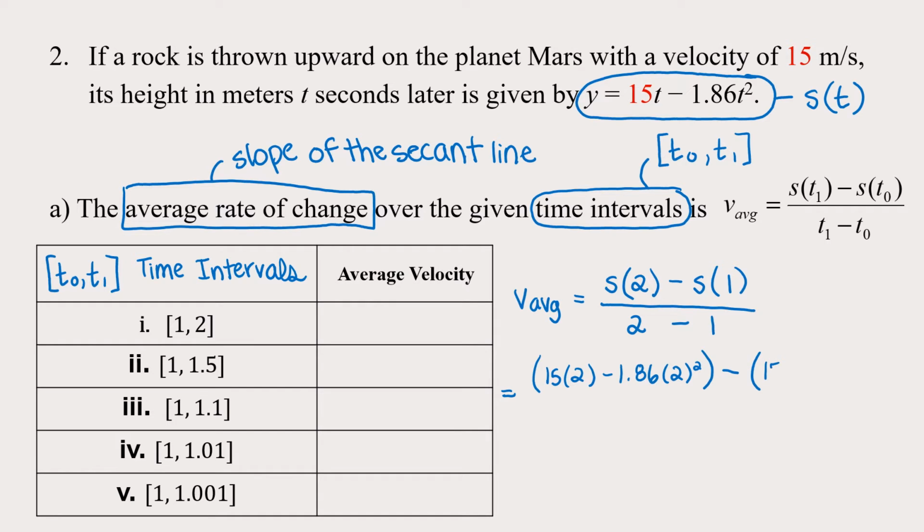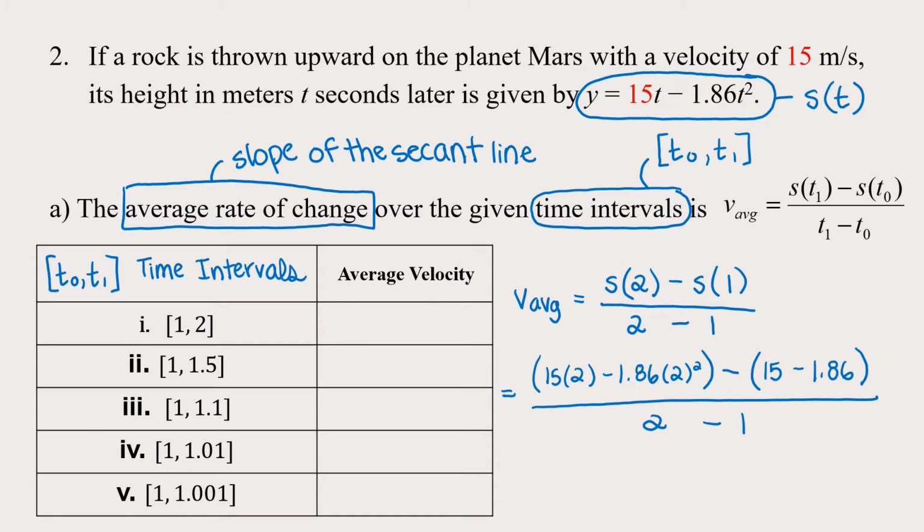So that's 15 times 1, which is just 15, minus 1.86 times 1 squared. Well, 1 squared is 1, so 1.86 times 1 squared is 1.86. And this is all over 2 minus 1.